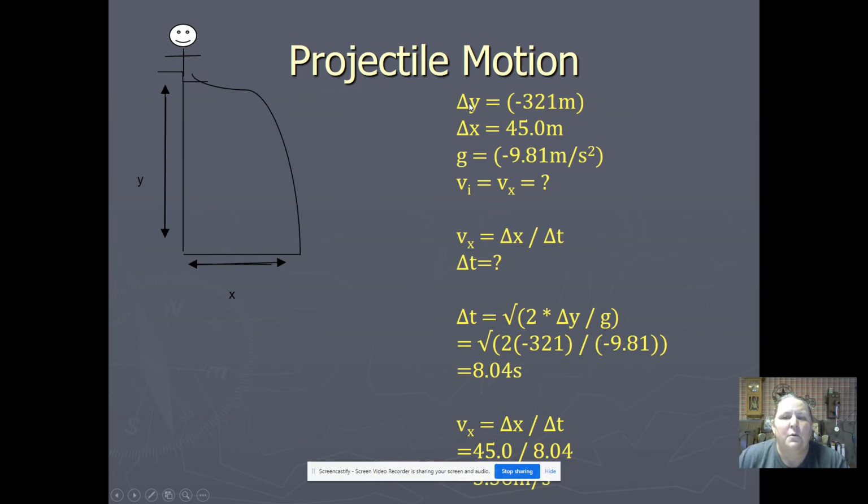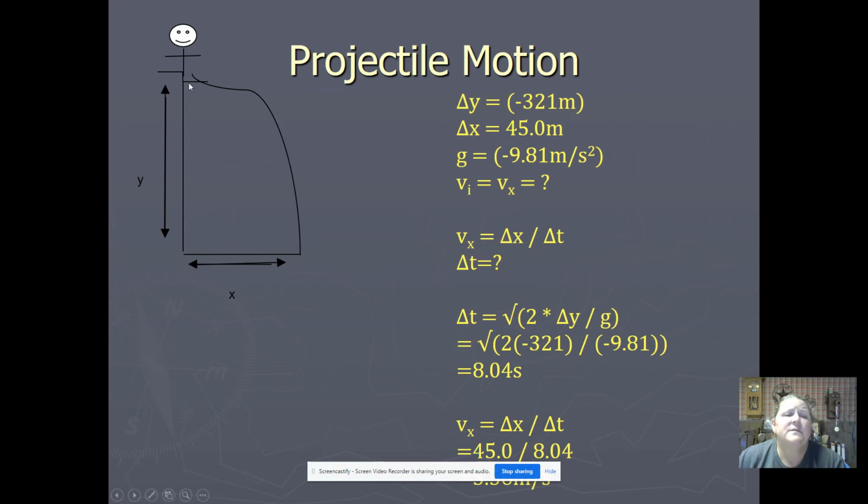So you know that delta y, the change in the vertical, is 321 meters, and it's negative because it's going down. Think if this were an xy coordinate, the origin would be where you're standing. You're at the origin, so it goes down technically into the fourth quadrant.